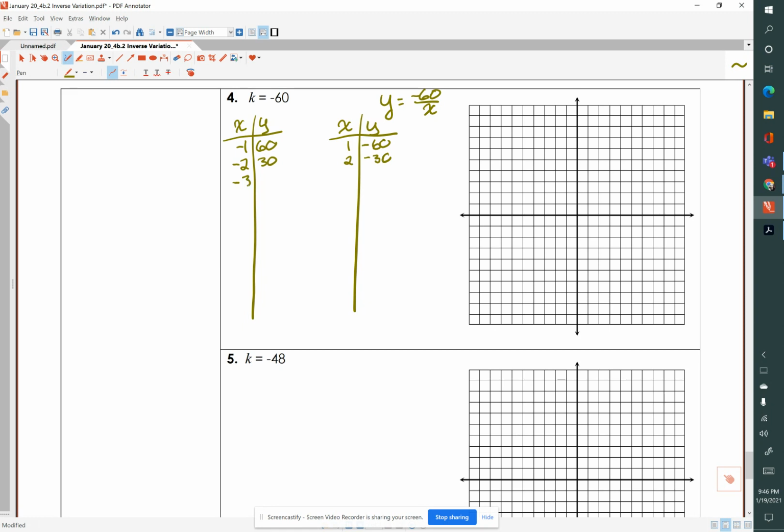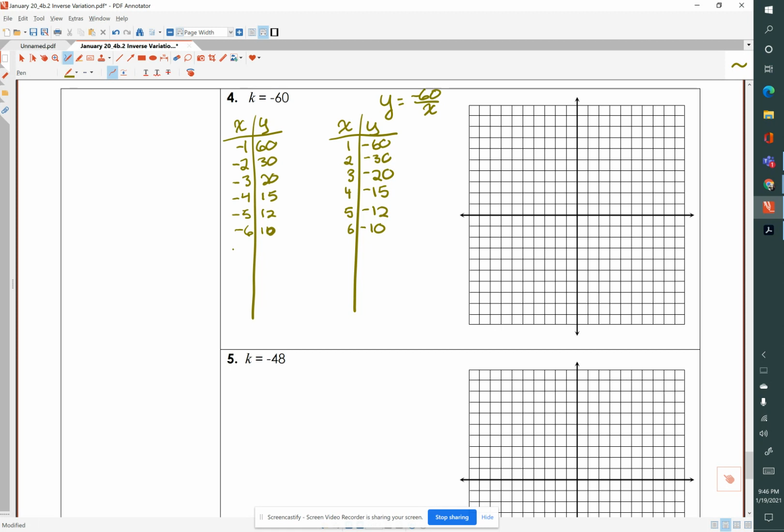We've got negative 3 times positive 20, or positive 3 times negative 20. We've got negative 4 times 15, or positive 4 times negative 15. We have negative 5 times 12, or positive 5 times negative 12. We have negative 6 times 10, or positive 6 times negative 10.